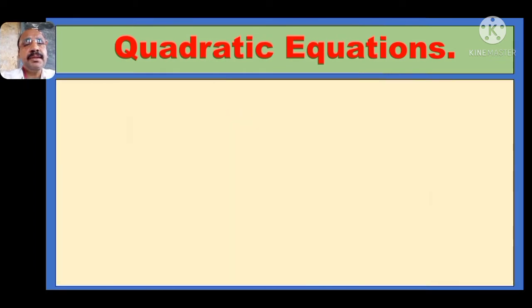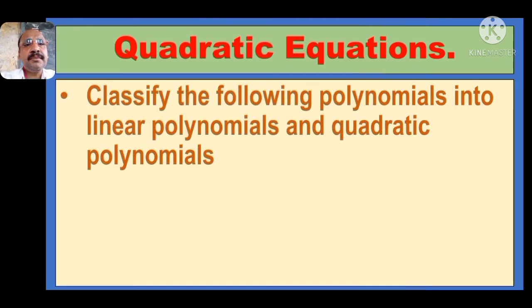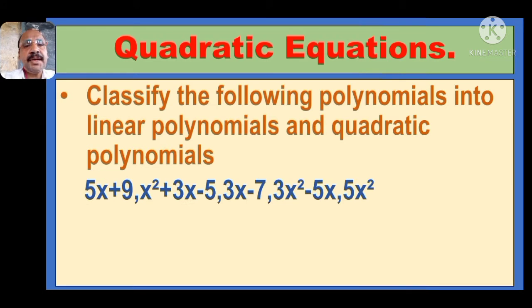Now, here we have an activity. Classify the following polynomials into linear polynomials and quadratic polynomials. Here we have been given some polynomials: 5x + 9, x² + 3x - 5, 3x - 7, 3x² - 5x, 5x².